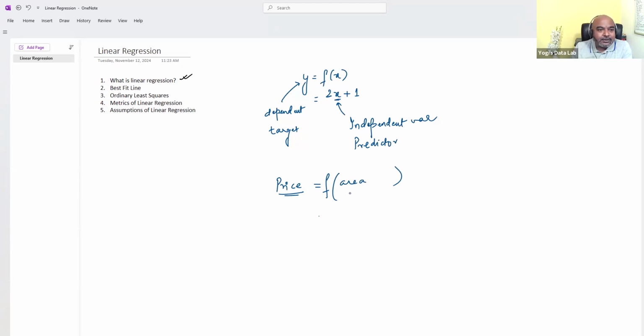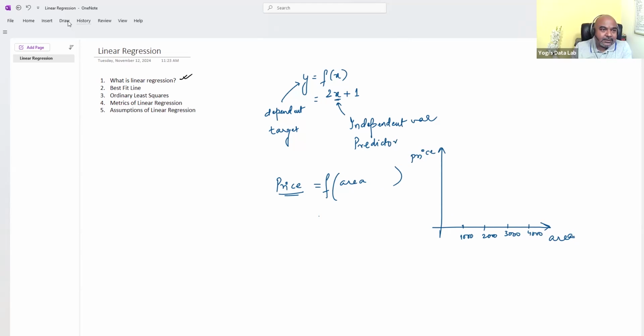When I say price is a function of area of home, it means that we can plot it this way, where the x-axis is your area and the y-axis is your price. I can have any home of 1000 square feet. I can have 2000. I can have 3000. I can have 4000.